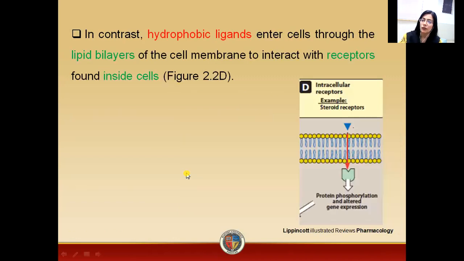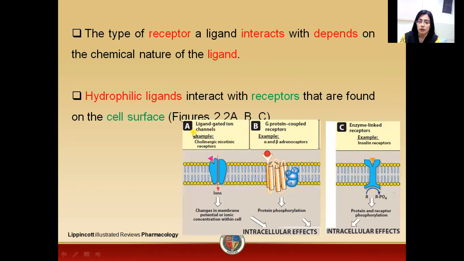On the other hand, if you have a ligand that is hydrophobic, that is soluble in lipid, or that has ability to cross the cell membrane, in this case, your drug will penetrate through the cell membrane and will attach itself or make a complex with intracellular receptor. Here in this figure, the example of intracellular receptor includes steroid receptors, while ligand-gated ion channels example include cholinergic nicotinic receptors.